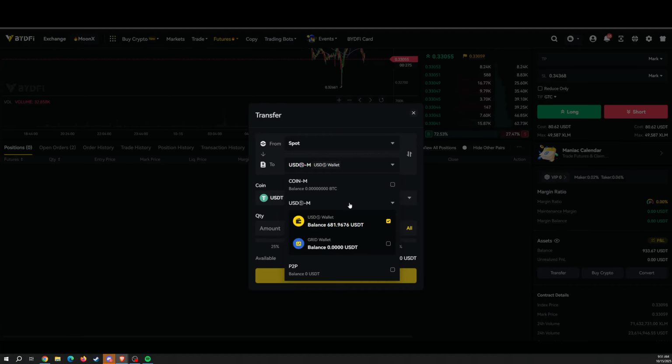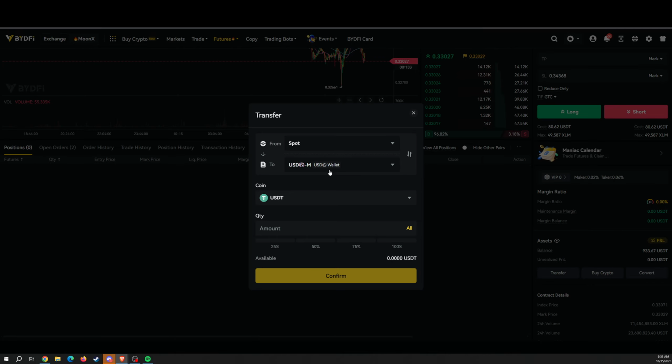Let's see, I don't use this exchange often. I'm trying to see. Oh, here we go. Well, anyway, for this one, it's USD. I guess that covers both USDT and USDC. I'm not sure, but you'll figure that out. It's not that hard. And if you want to transfer money out of your leverage account, you would just flip it. So now you're sending from your wallet for leverage to spot.